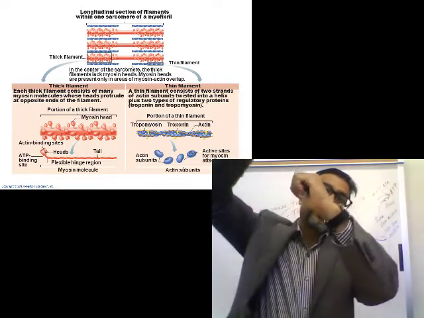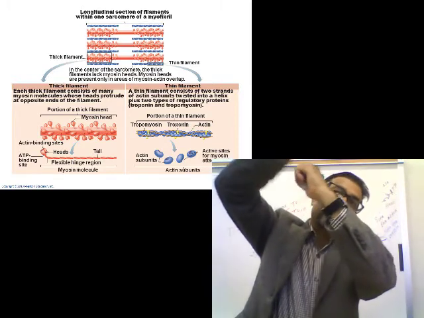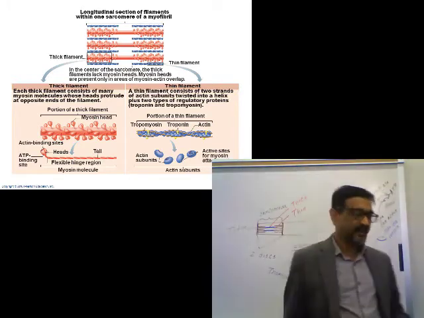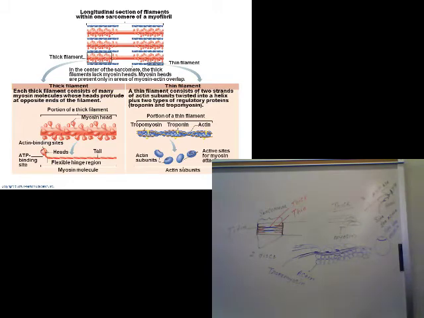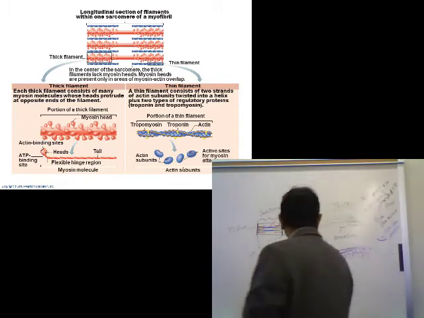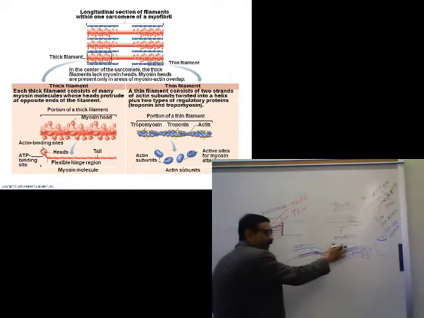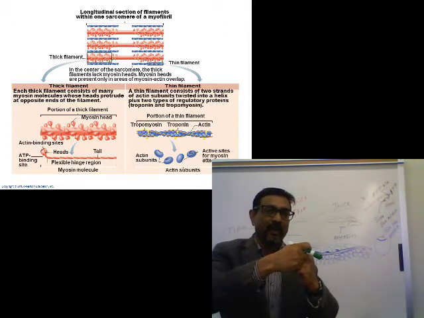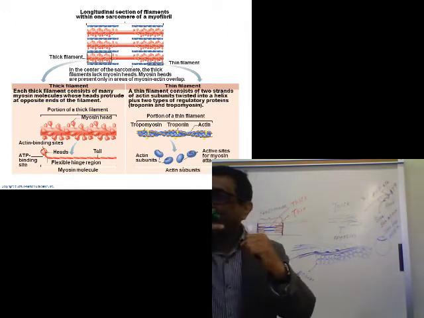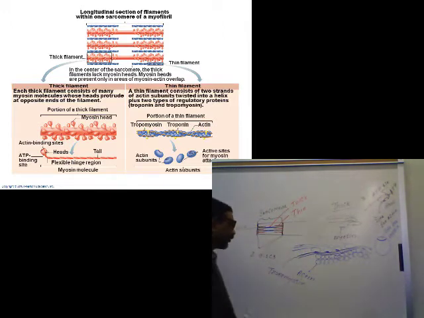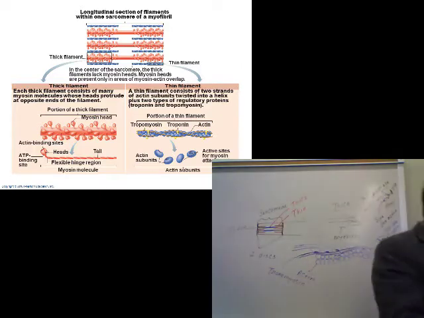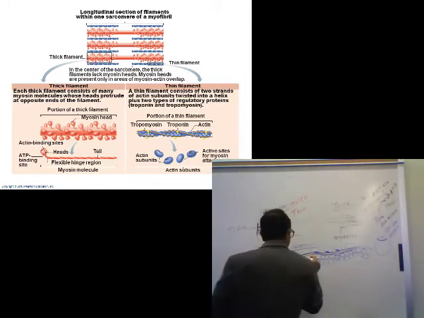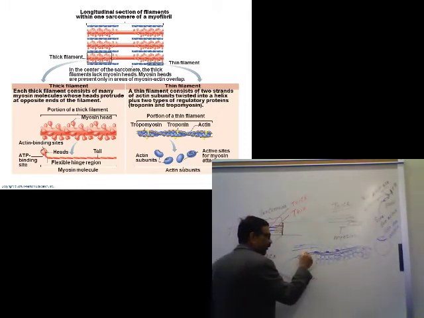This is the rope, tropomyosin, and this is the actin ball. It masks the binding sites on the actin balls in resting condition. So the myosin heads cannot bind with the actin balls, because they are separated by that rope-like structure. And another protein structure called troponins sits on that rope.